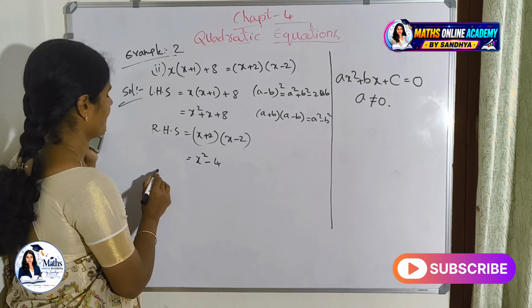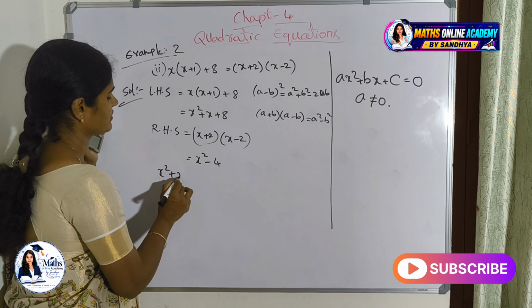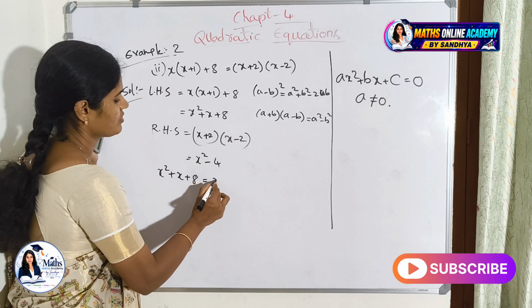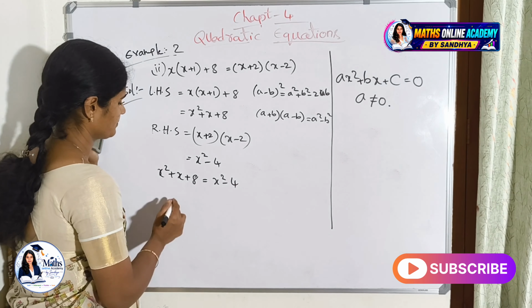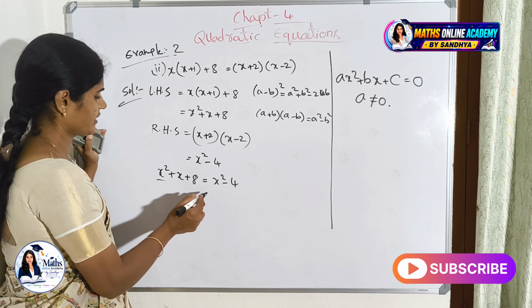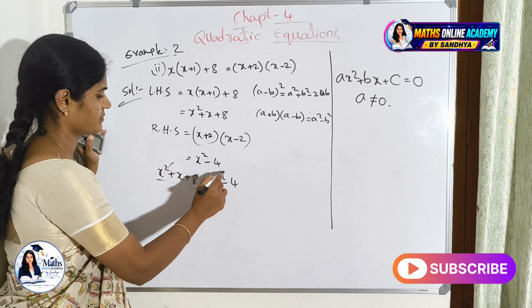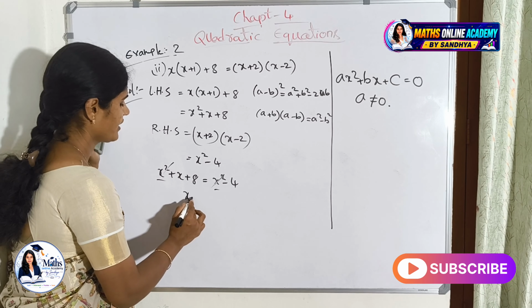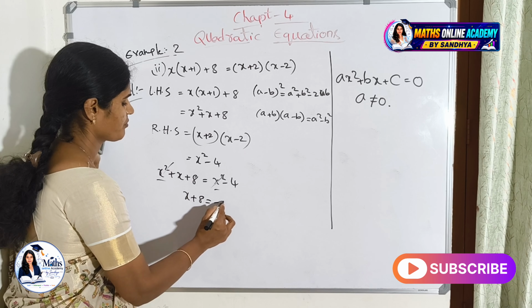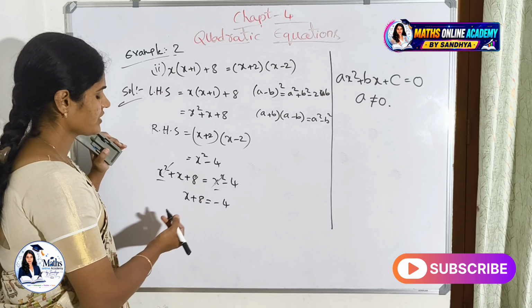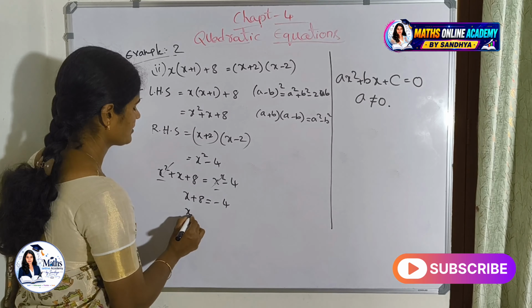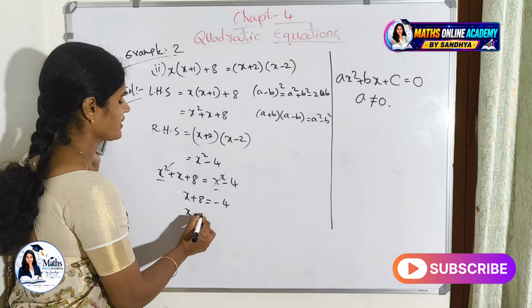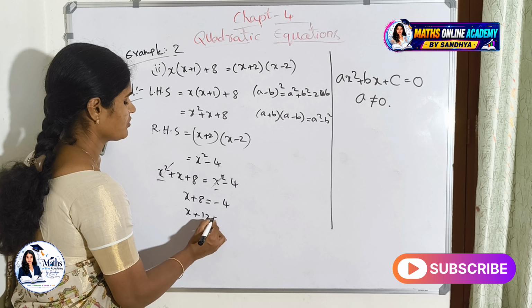So x square plus x plus 8 equal to x square minus 4. Here x square and x square get cancelled. So finally we get x plus 8 equal to minus 4, which becomes x plus 12 equal to 0.